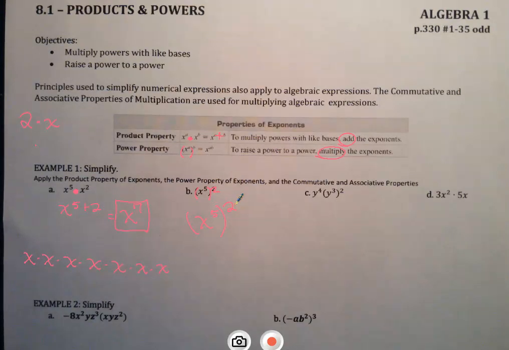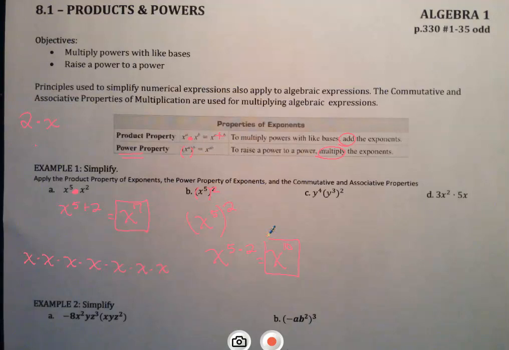That's different than multiplying it. This one is a power raised to another power, which is the power property. So what do I do with the exponents in that case? I multiply them. So this is going to be x to the 5th times 2, which is equivalent to x to the 10th. Good.